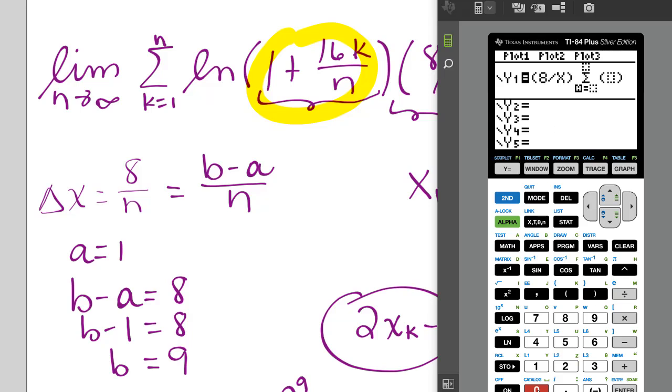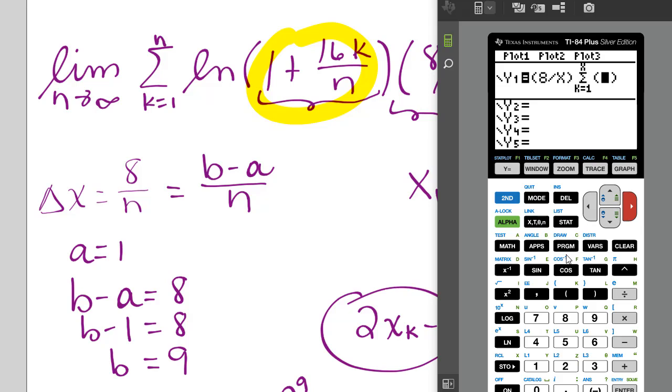So math, I believe that one was choice 0. We're going to sum for k equals 1 to n, or x.